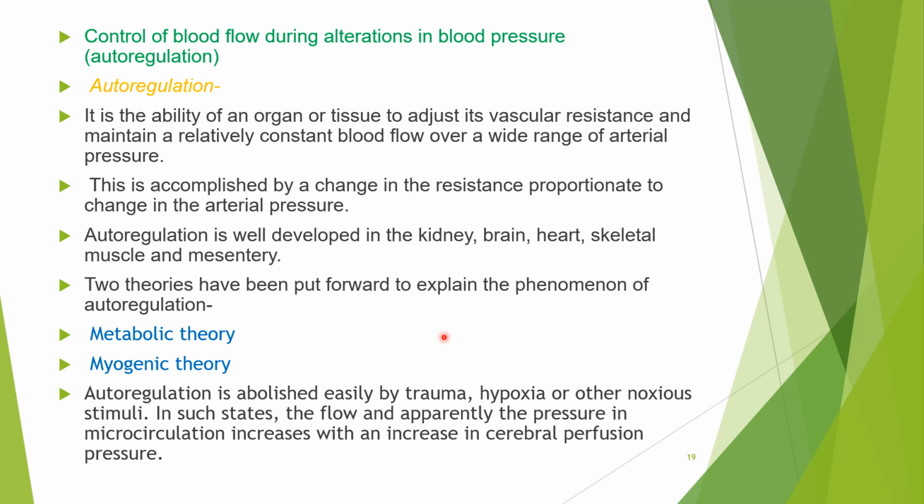If you increase the partial pressure of carbon dioxide, it will increase the cerebral blood flow by causing an increase in the H plus ions in the CSF causing vasodilatation. Okay. So, in the metabolic theory, we are considering the carbon dioxide mainly through H plus.